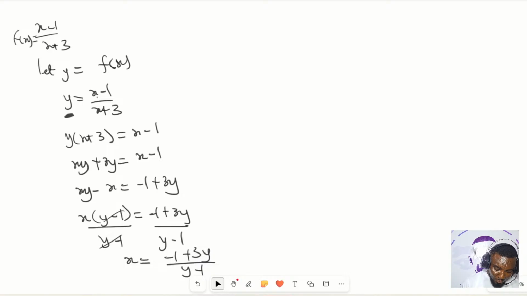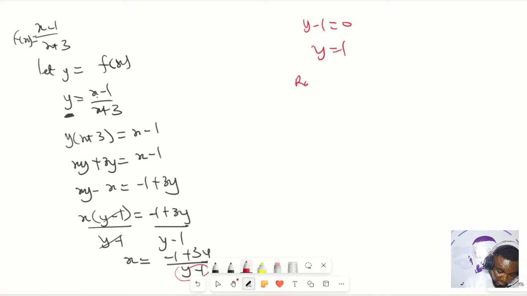So we see that the denominator will not be defined when y minus 1 is equal to 0, and y will be equal to 1. So the range of the function here would be y such that y is a member of all real numbers, except when y is equal to 1, or when y is not equal to 1.